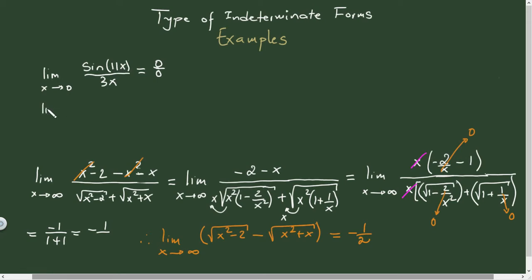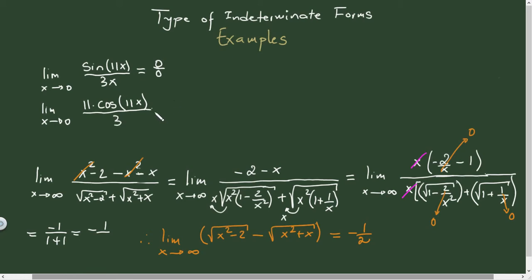So this gives us the limit as x goes to 0, and the derivative of this will be 11 times the cosine of 11x, and the whole thing divided by 3. The derivative of the denominator is quite simple, it's 3.